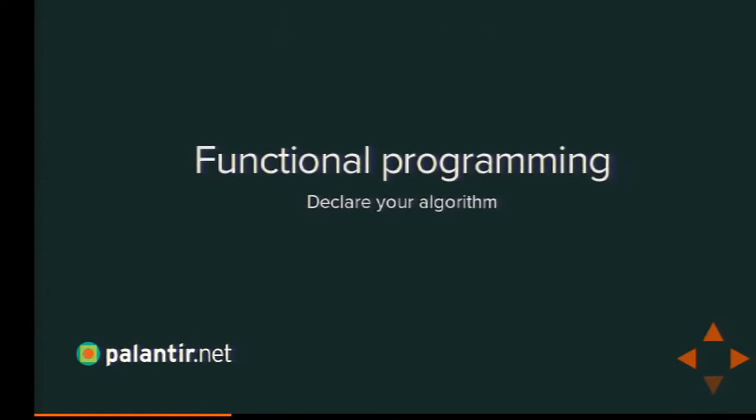But in functional programming, what you are declaring, what you're defining, is your algorithm. You're not declaring steps to accomplish a task. You're defining the algorithm for a task, the relationship that defines a task. And then actually turning that into steps is not your problem. It's not your job. That is what a compiler is for.